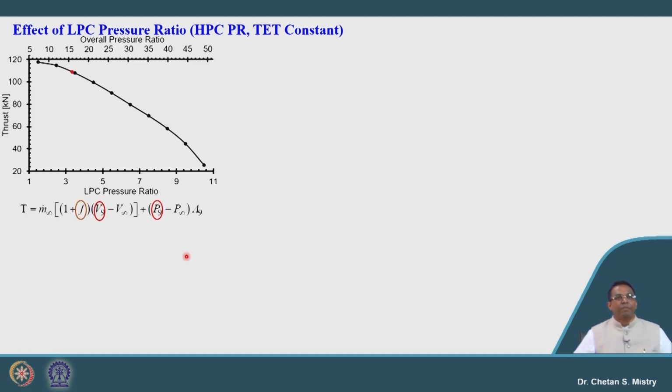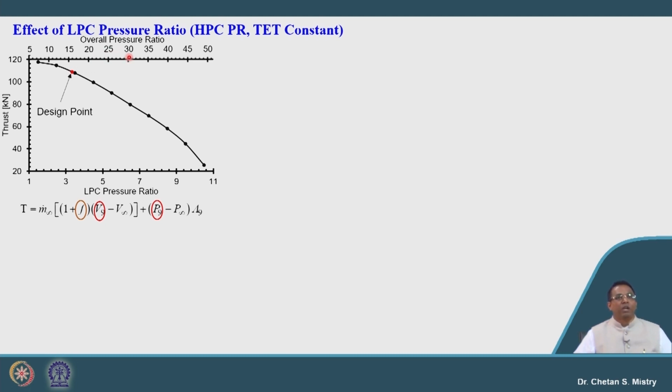The very first parameter we are taking: this x axis represents my LP compressor pressure ratio, and this y axis represents my thrust. My HP pressure ratio we have kept constant, so the overall pressure ratio we are varying by varying the LP compressor pressure ratio. So, this axis represents overall pressure ratio.